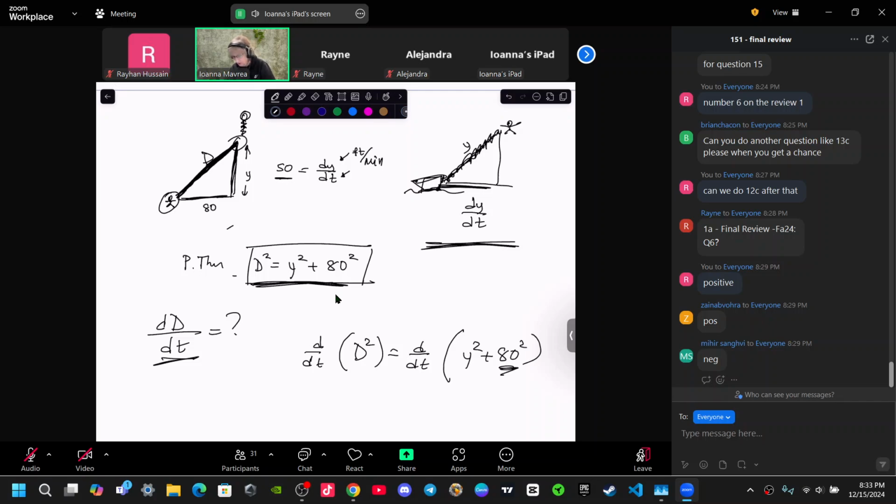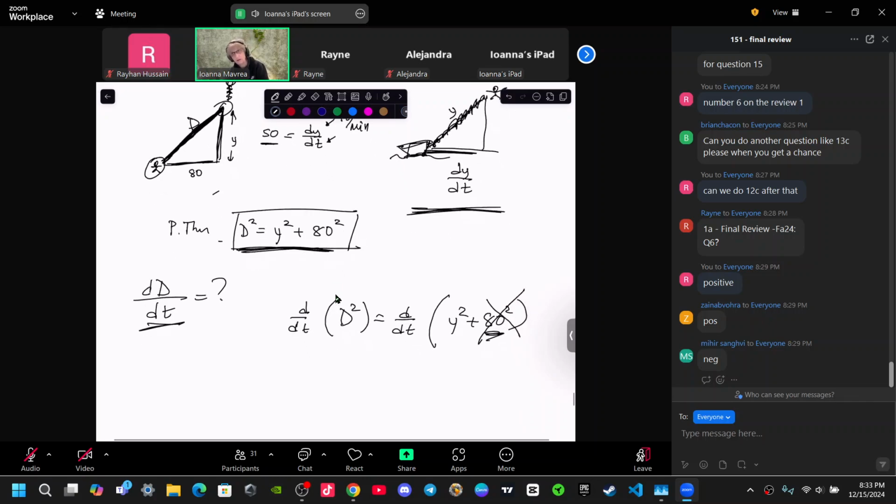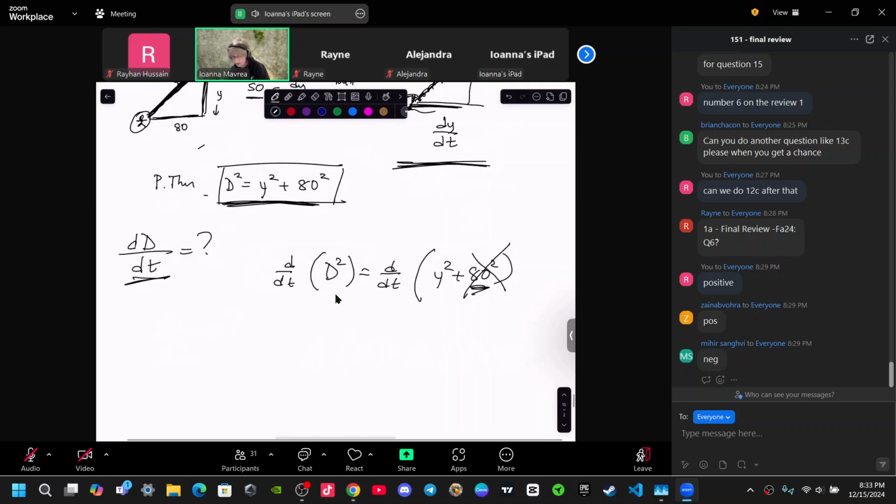So this is why you don't really want to bother doing 80 squared. Why? Because when you take the derivative, it's going to go away. So you wasted your time multiplying 8 by 8 and then by 100. So don't do that. So the derivative here is 2D times dD/dt.